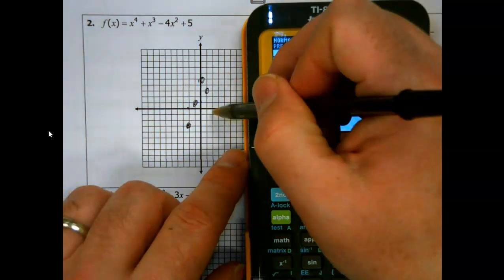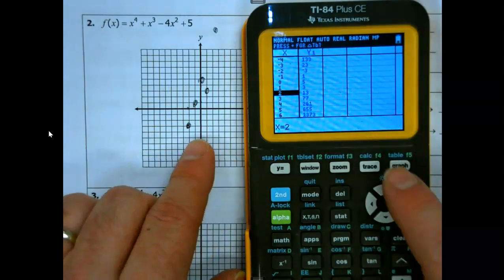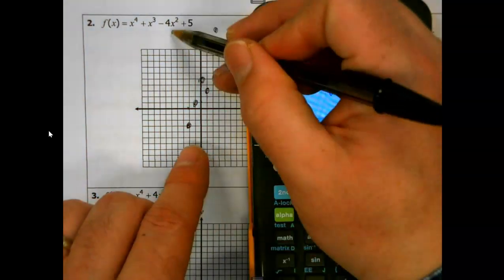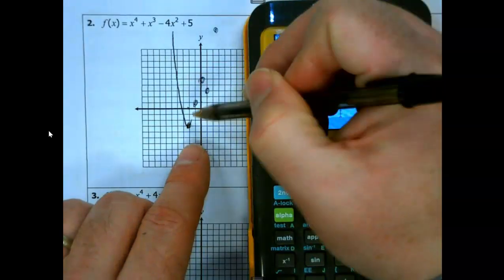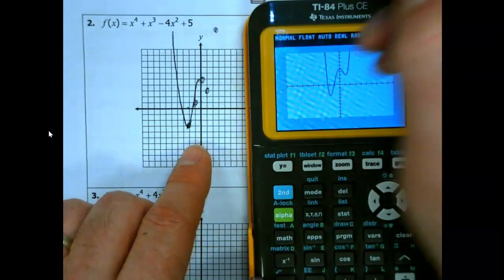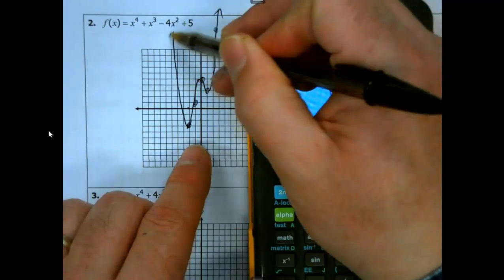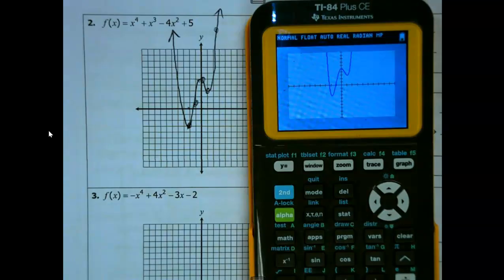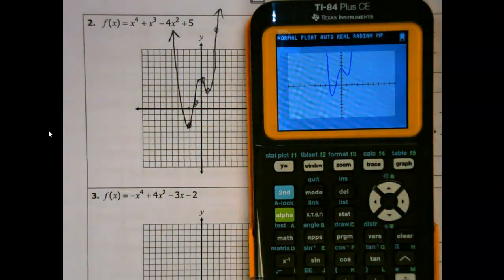Ooh, those get really big then. Okay, so that gets really big, and that gets really big. All right. So coming down to go up, to come down, to go back up. All right, we got the lopsided W. Again, if your graph's not perfect, you're fine. We're just trying to get kind of an idea here.